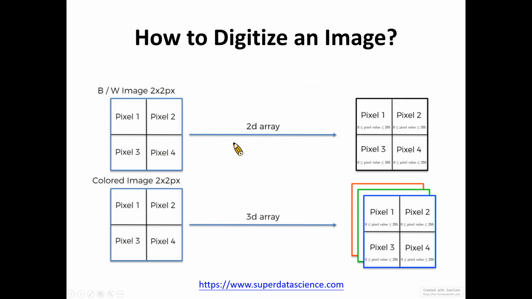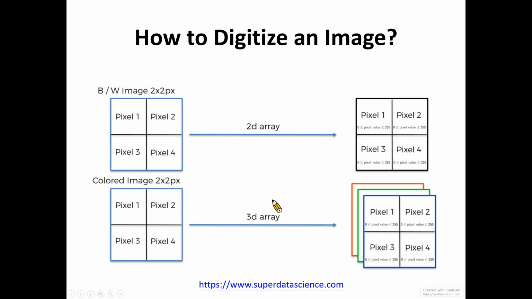And in colored images, we can also do this in a similar way. The difference is that each color can be decomposed into 3 original colors, which are red, green, and blue. So using the combination of red, green, and blue, we can generate virtually any color with just 3 numbers in our images.